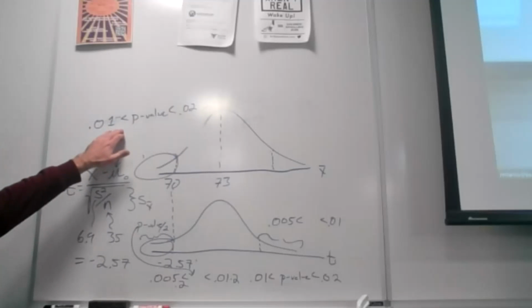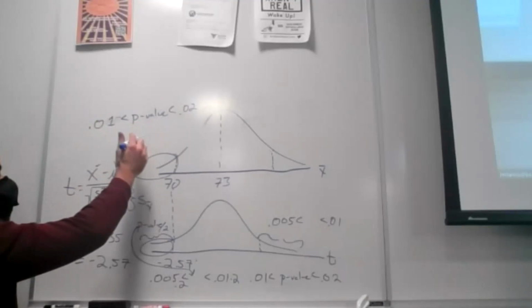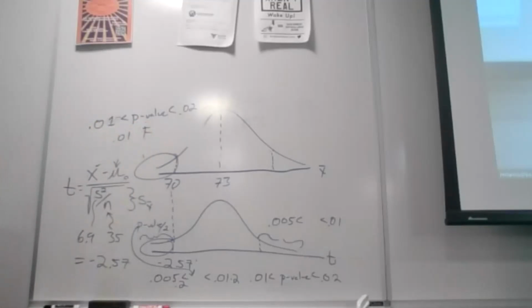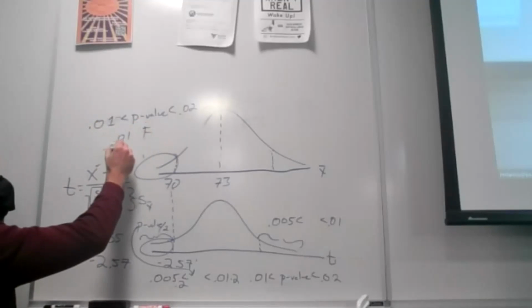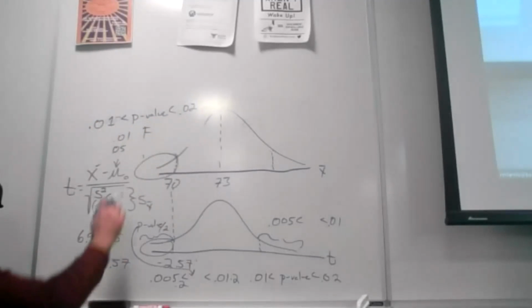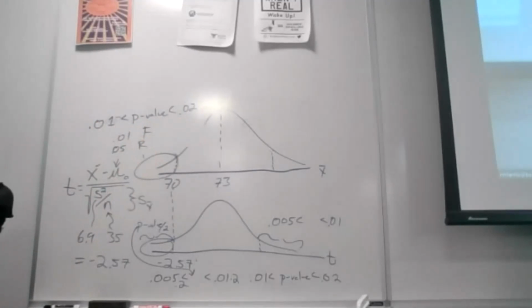Well, this is telling me, in fact, it's greater than 0.01, right? So if my p-value is in this range, at an alpha of 0.01, I would actually fail to reject. What about 0.05? Well, I know my p-value has to be less than 0.02, so it's definitely going to be less than 0.05, so I can reject at that level.